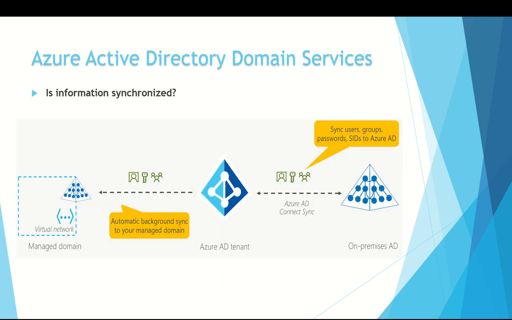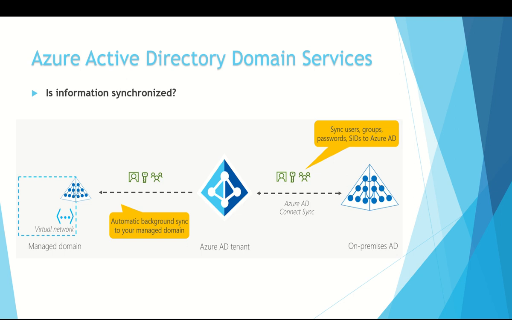So how is the information synchronized? That's the question. A managed domain is configured to perform one-way synchronization from Azure AD to Azure ADDS. You can create a resource directly in the managed domain, but it won't synchronize back to Azure AD.